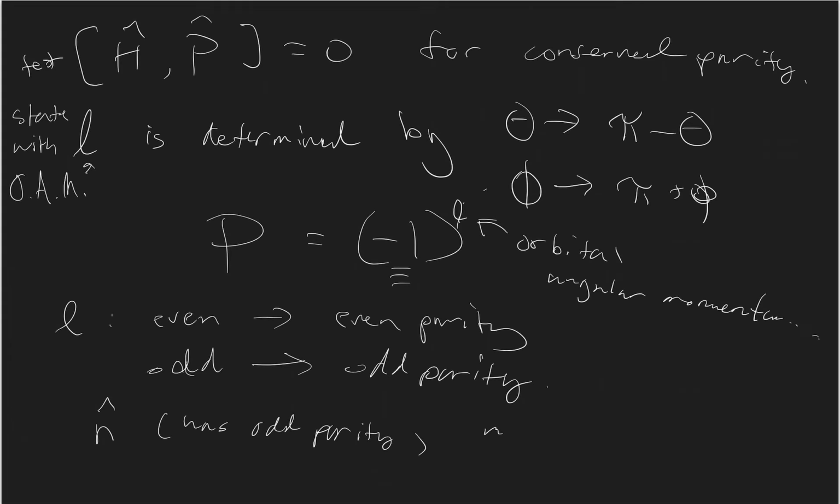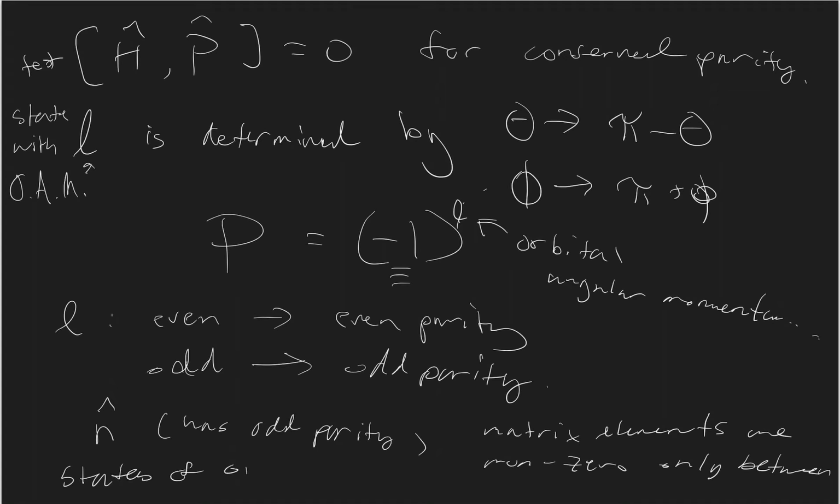The matrix elements are non-zero only between states of opposite parity.